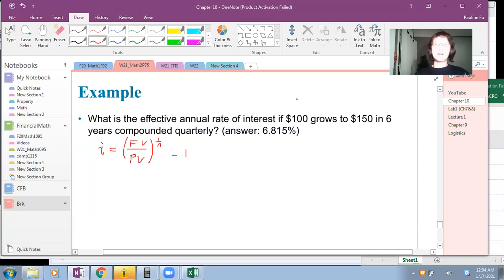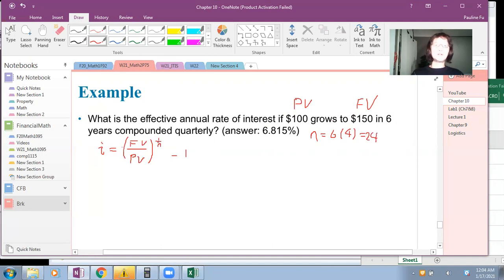Okay. So $100 is PV. 150 is FV. In 6 years, compounded quarterly. So n equals 6 years times 4, because 1 year has 4 quarters. So n equals 24.